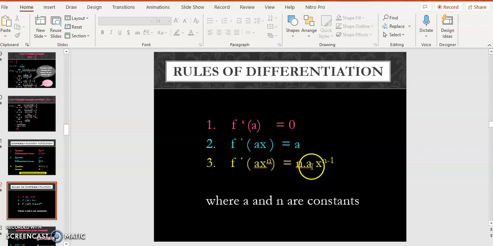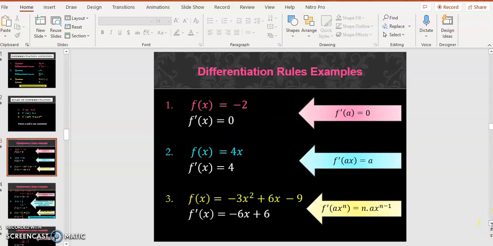So n times a, x, then your exponent you say n minus 1. So if I have 2x to the power 3, it is going to be 3 times 2, x to the n minus 1. What is our n? To the power 3 is 3. So 3 minus 1, which is 2. We'll do more examples on this using numbers, and you will see what I'm talking about.